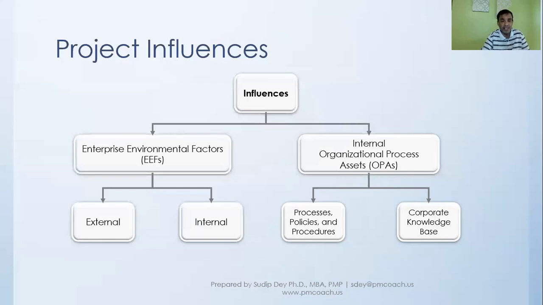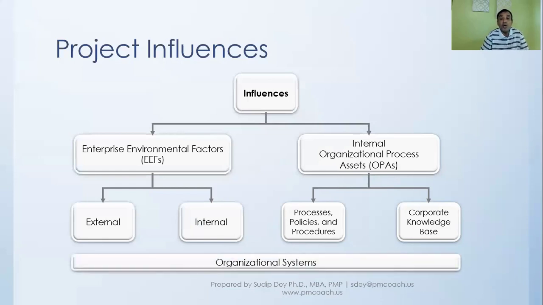And a third category that influences your project is the organizational system. We'll look at it in more detail. That really refers to the hierarchy, or the relationships, how things work within an organization, the organizational structure, and so on and so forth. So these are different things that really work together to influence your project.